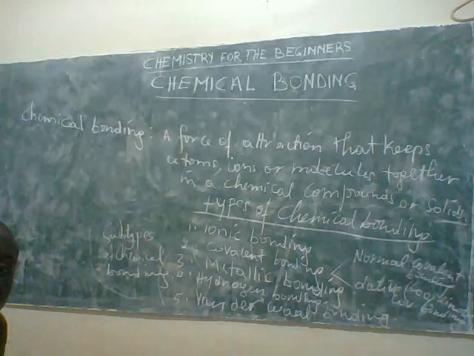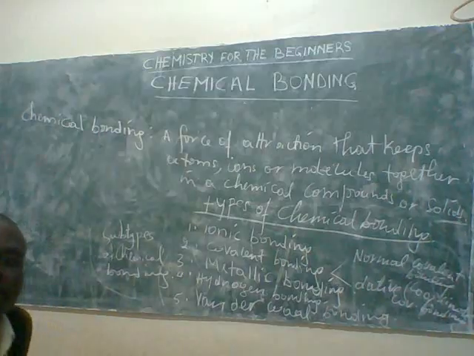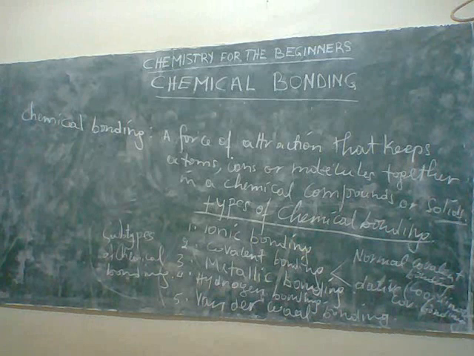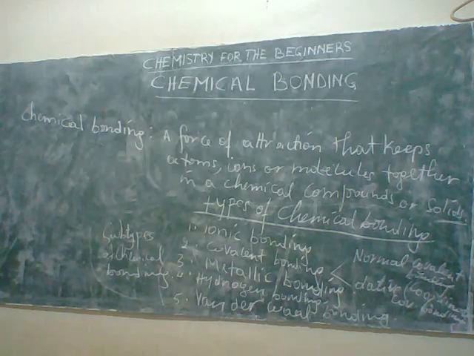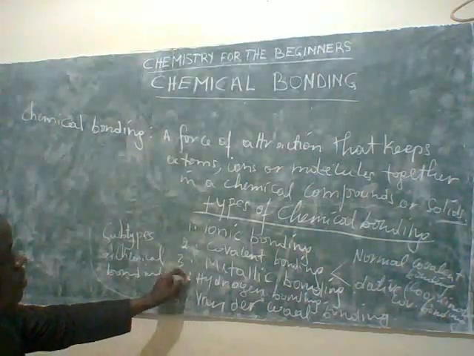There are other subtypes like sigma bonds, pi bonds, delta bonds, single or double or triple bonds. There are polar and non-polar bonds. Those are the bonds that also exist, but they exist under these five bonds.